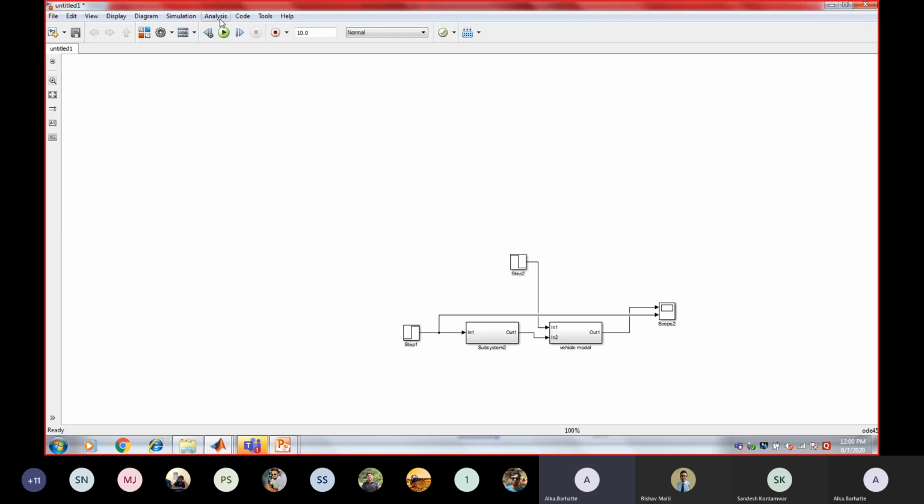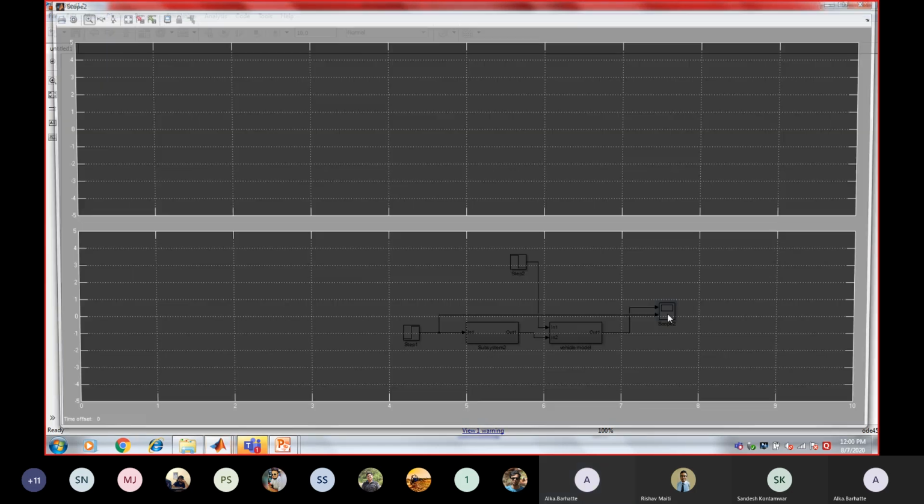Okay, so output is connected. I'll simply simulate this one first, and then we'll modify this.